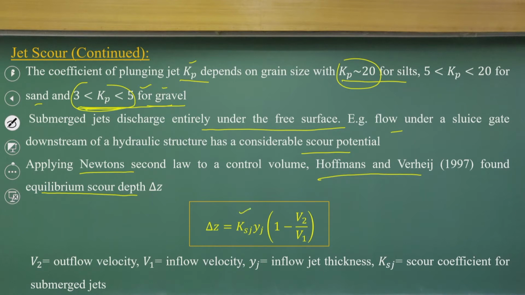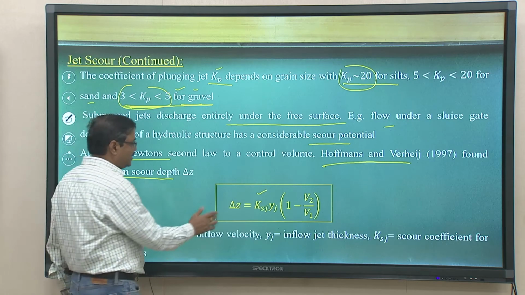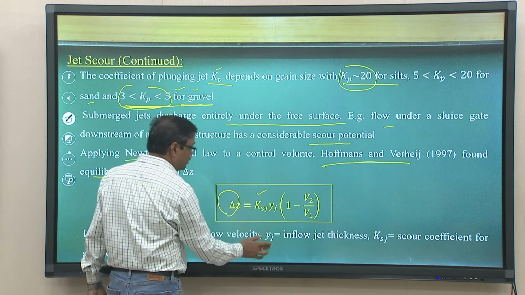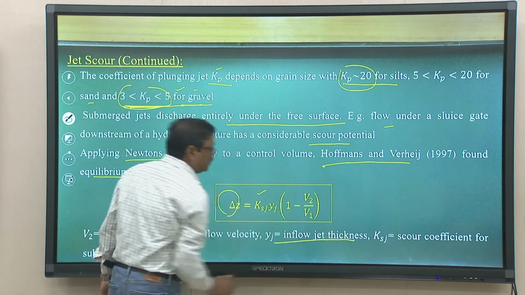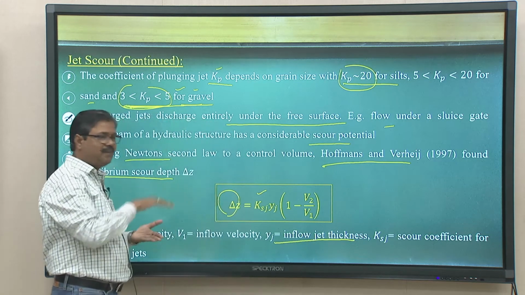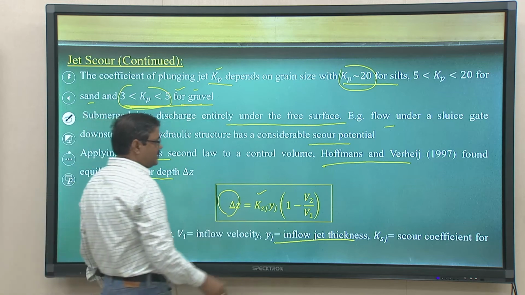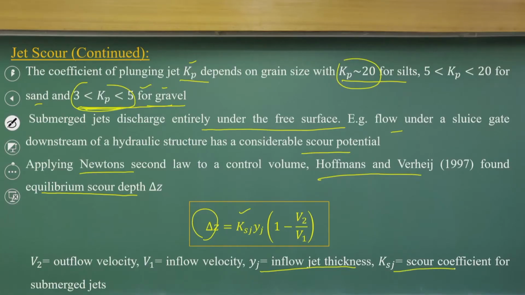It was found that delta z is a function of y j, the inflow depth, k s j, a scouring coefficient which again depends upon the bed material characteristics, and V 1, V 2, the inflow and outflow velocity respectively.